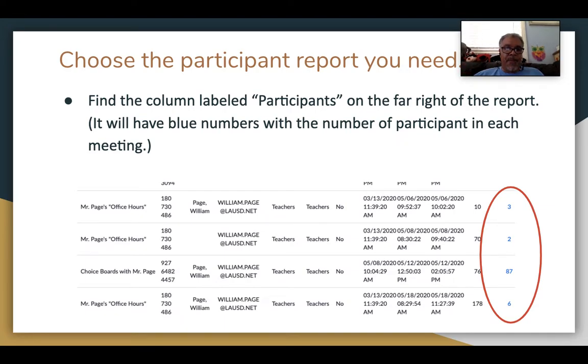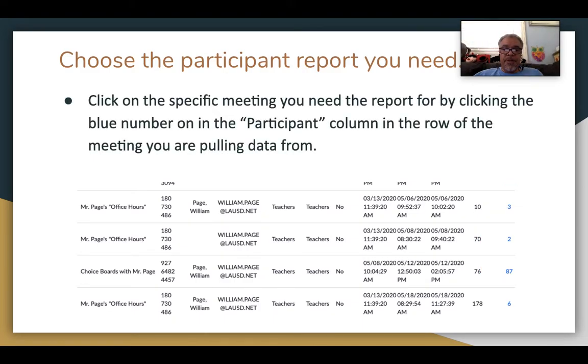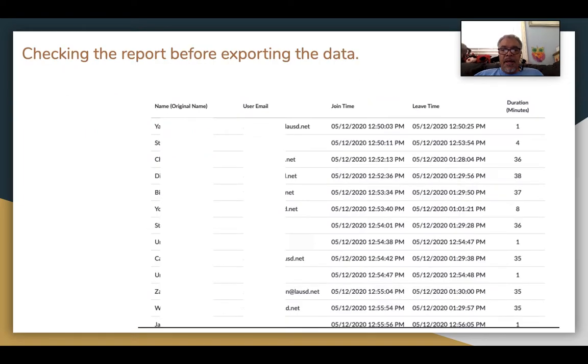On the very far right of the report, it's the one with the blue numbers. That's going to have the number of participants you had in each meeting. From there, you're going to click on the specific meeting. For my purposes, I'm going to click on this one here that was Choice Boys for Mr. Page, 87.